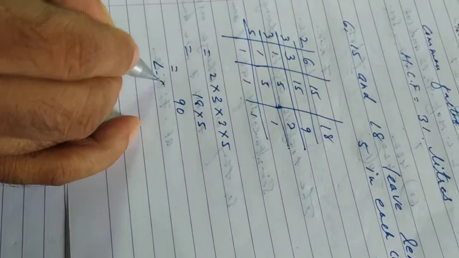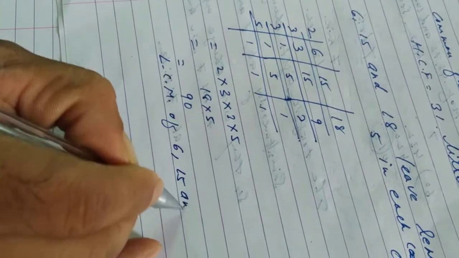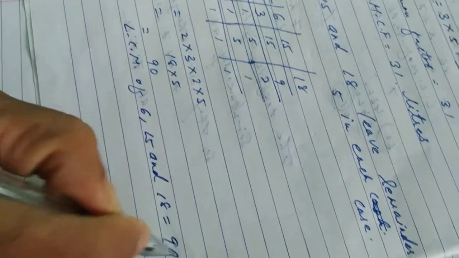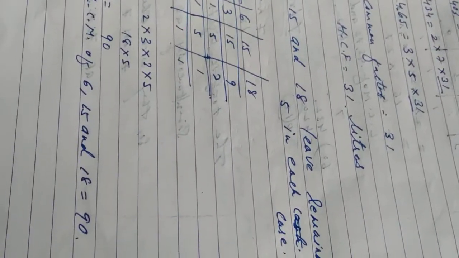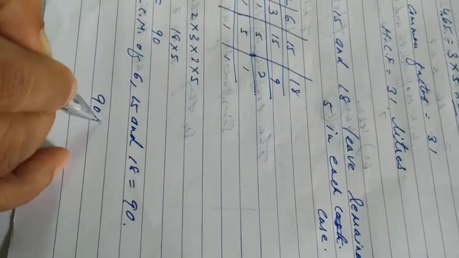So what's the LCM? LCM of 6, 15 and 18 is equal to 90. Right? Then after, what we have to find out? The least number that leaves remainder 5 in each case. So when we divide it, what we have to do? We have to add 5 to it. So 90 plus 5.